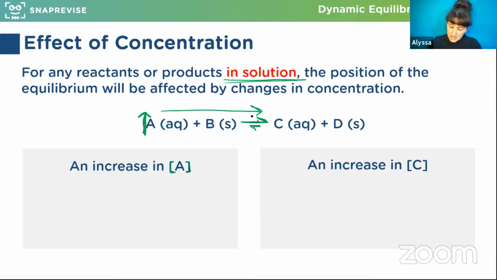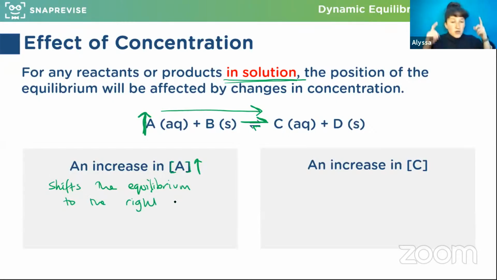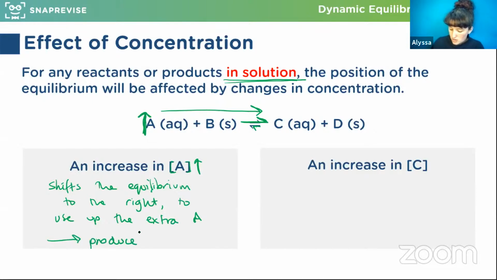So if we increase the concentration of A, it shifts the equilibrium to the right to use up the extra A, and this produces more C and D, more products.